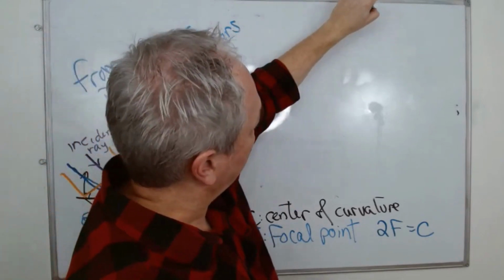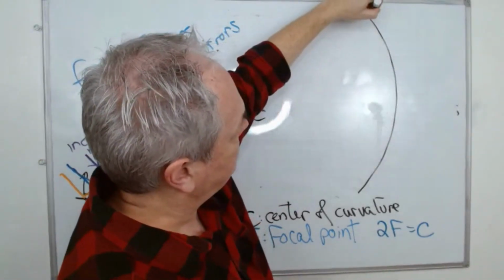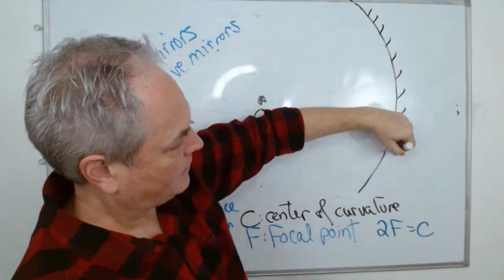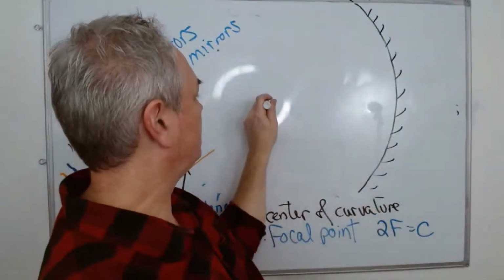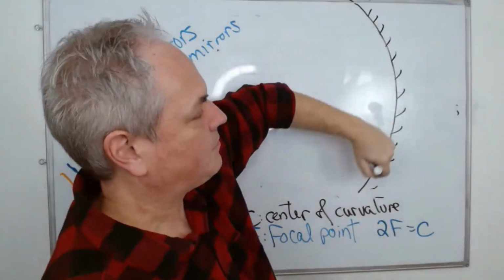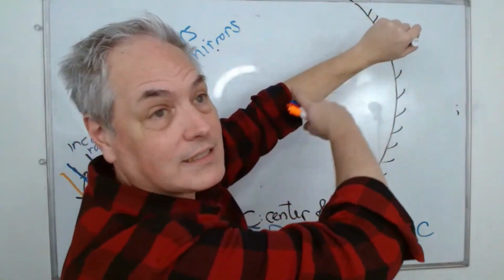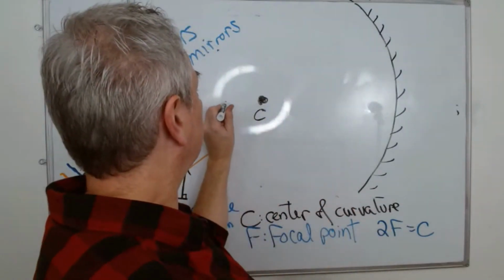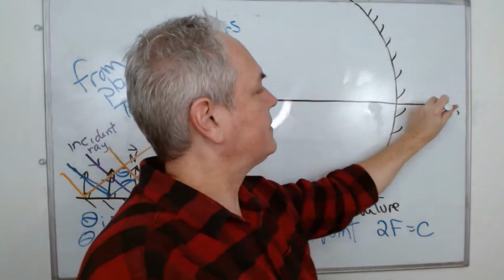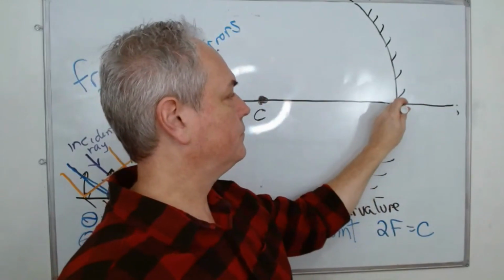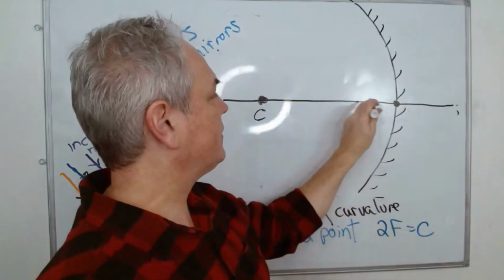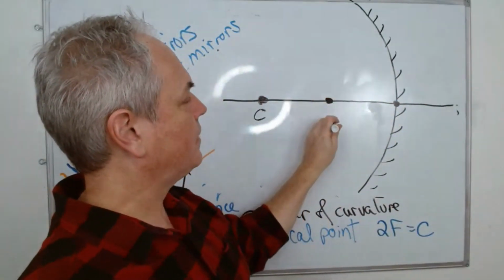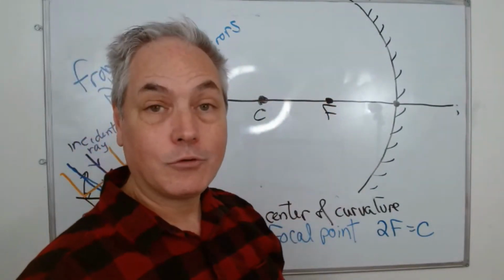If I put my elbow here, this is my concave mirror with the center of curvature. You can see here that my forearm is actually the radius of this concave mirror. Here I have my principal axis that is going through. We have this point here, and right in the middle, I have my focal point.